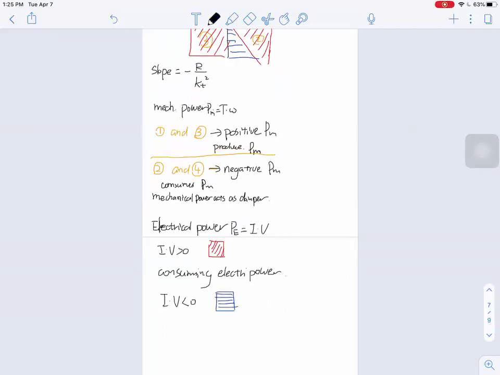So if the current times voltage is less than 0, and your motor is running in that region, that means we're producing electric power and our motor acts like a generator. And that's also called regeneration.